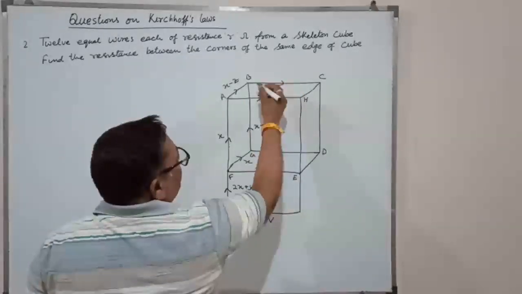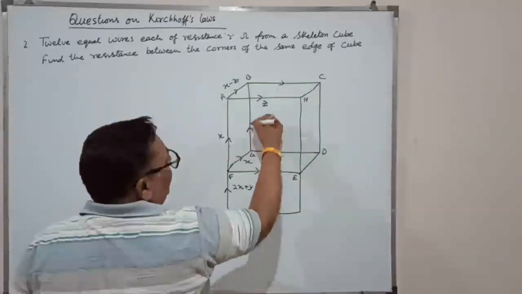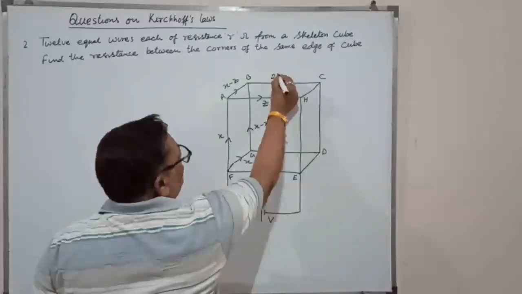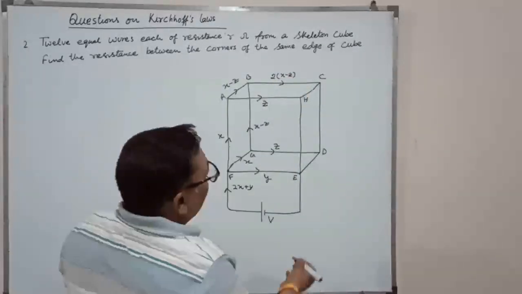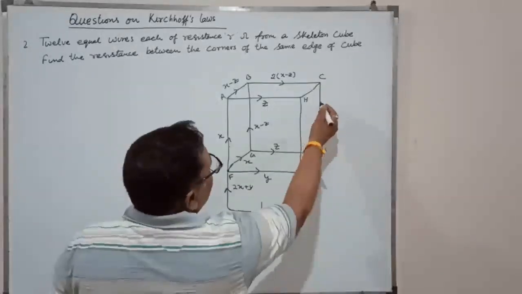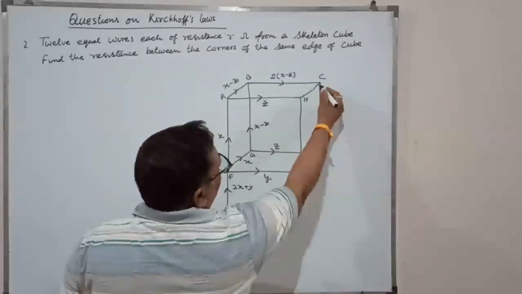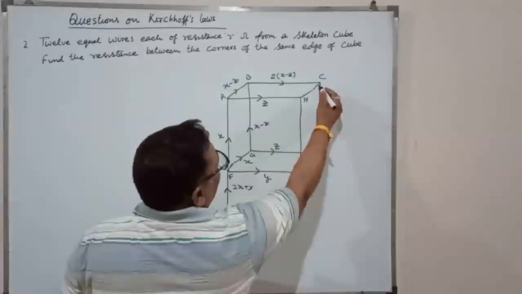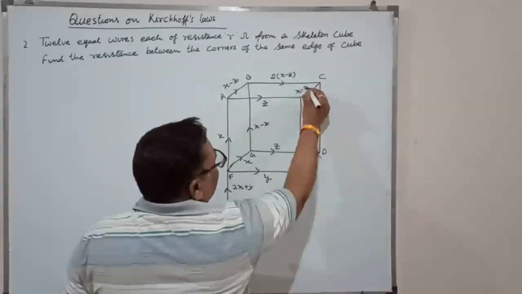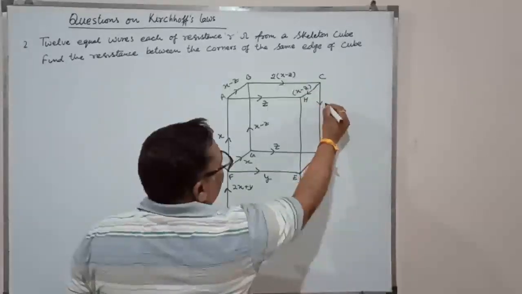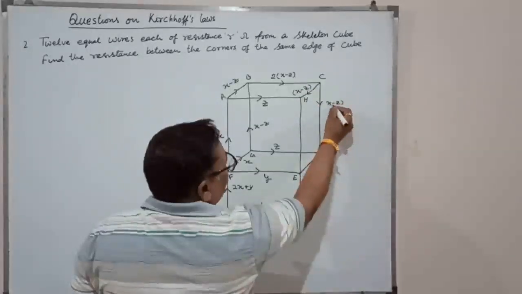In this branch, current x minus z, this is 2x minus z. And here x minus z this side, x minus z this side.